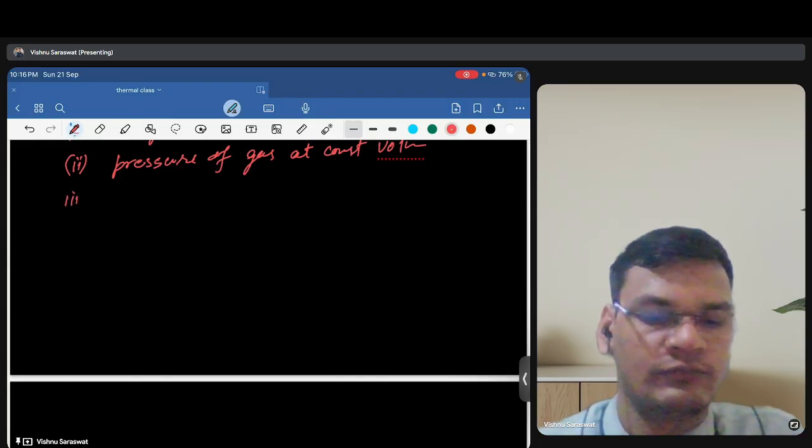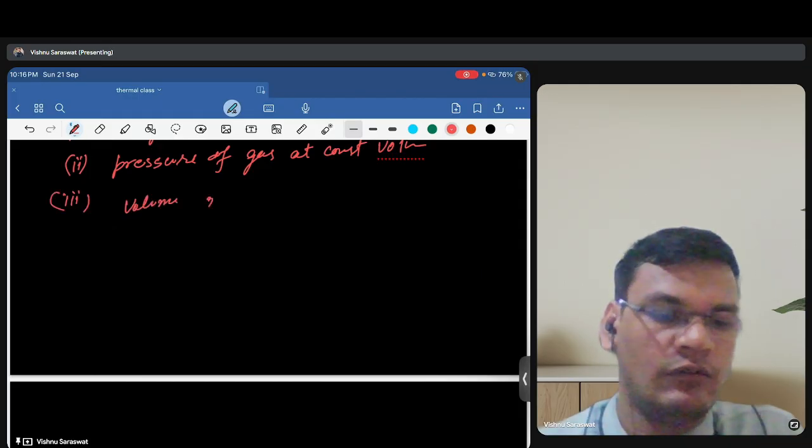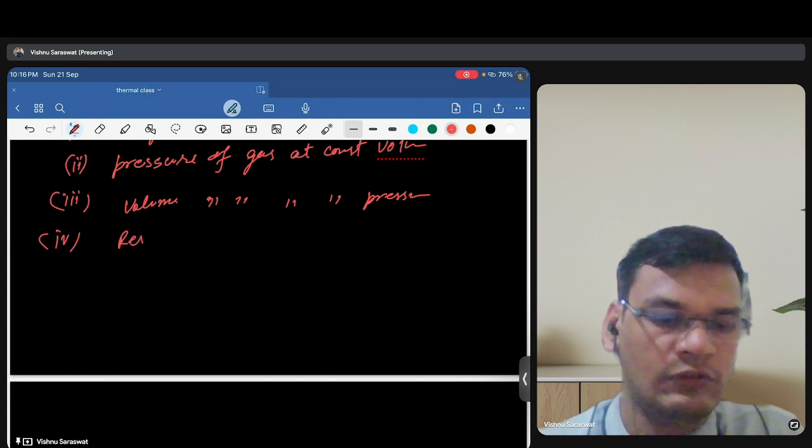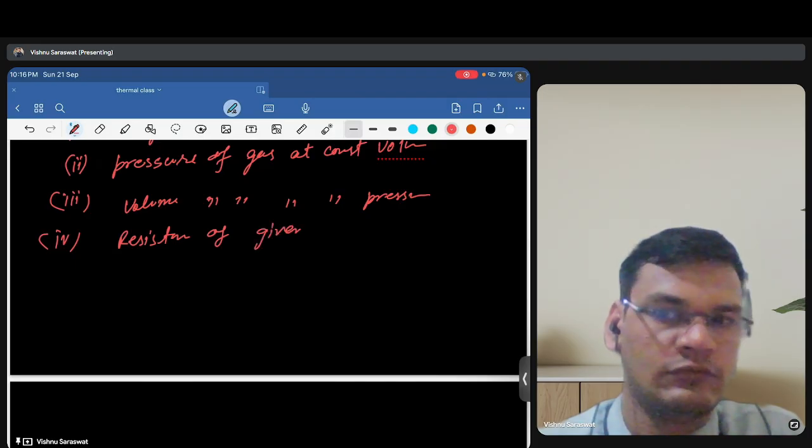The third one is volume of the gas at constant pressure. And the fourth one is the resistance of given platinum wire.